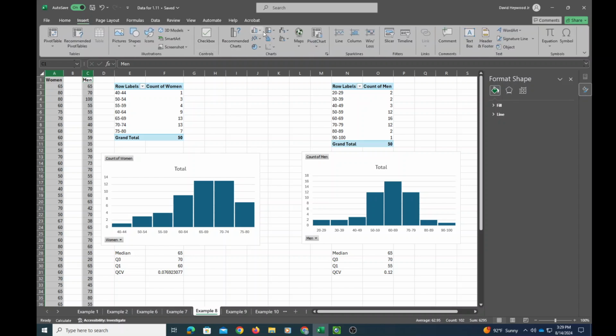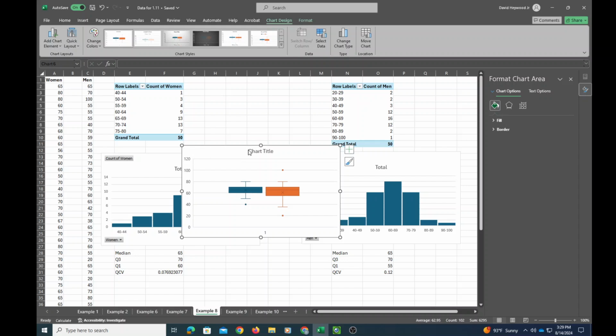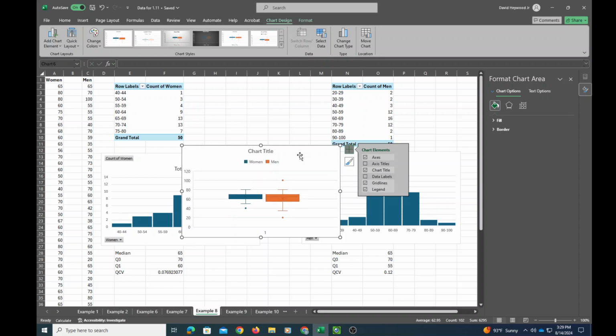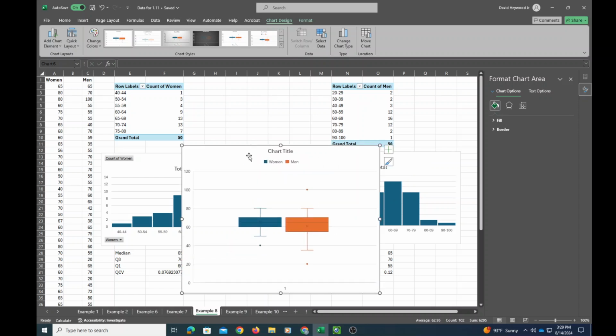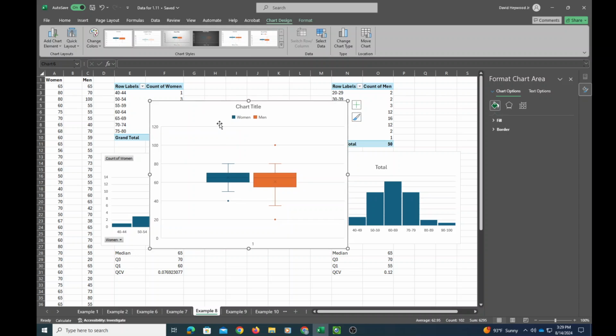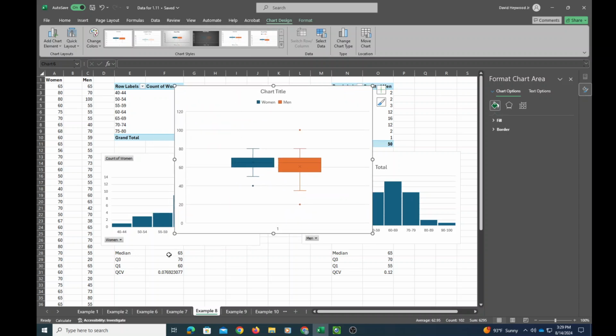So let's insert one of those. All right. So it looks like the box plot is kind of indicating exactly what we're seeing. The median is the same for both groups, but the men have a little bit more variety in their data set. So that's kind of interesting.